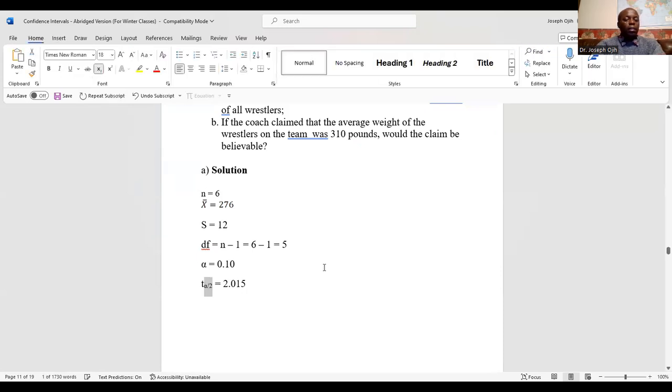Now let's find the error margin. To find the error, I'm going to get the formula from this other workbook.